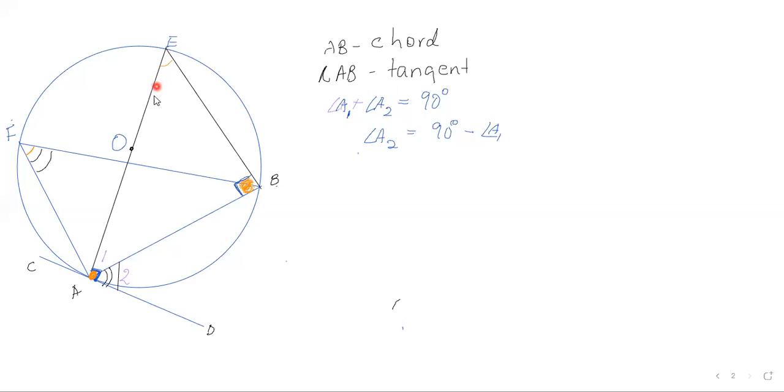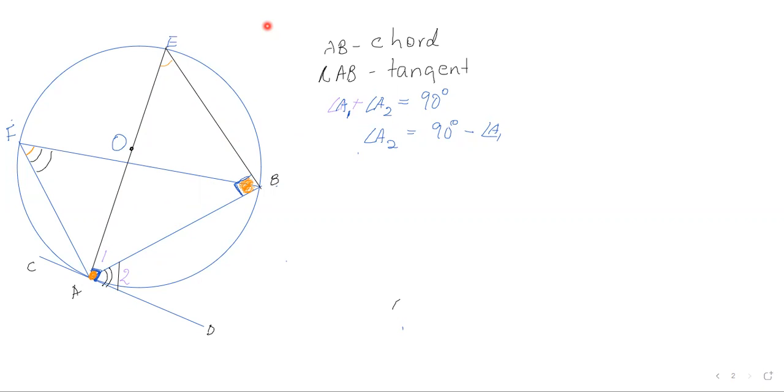Let's say triangle E, A, and B with angle B equal to 90. Therefore, angle E plus angle A1 should also give us 90 because angle E, A1 and B is 180 degrees.